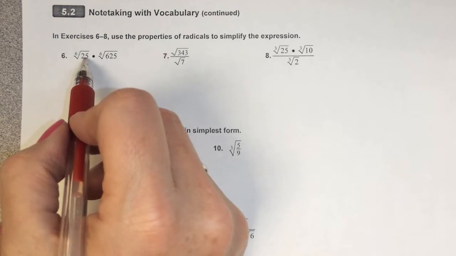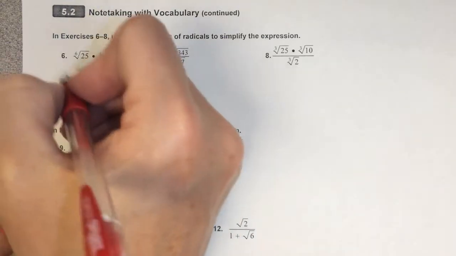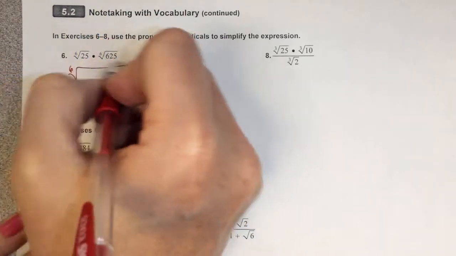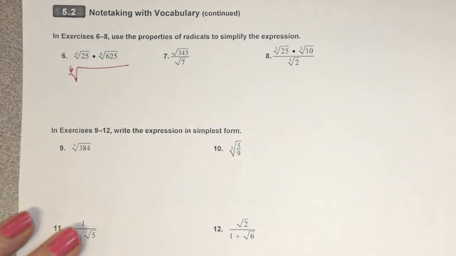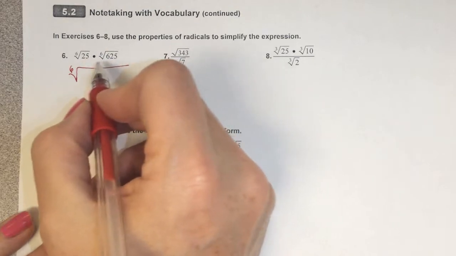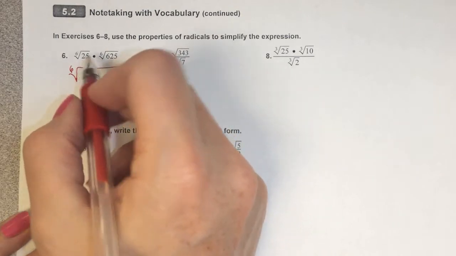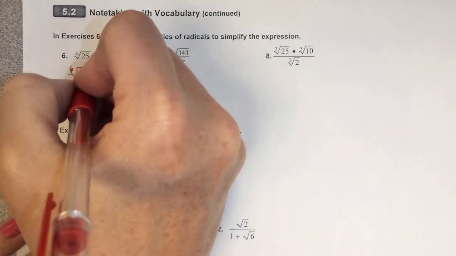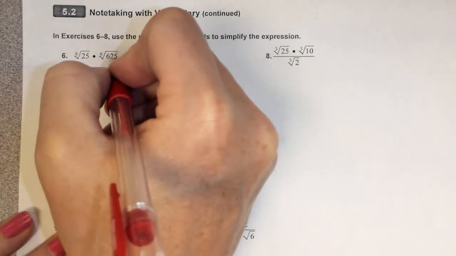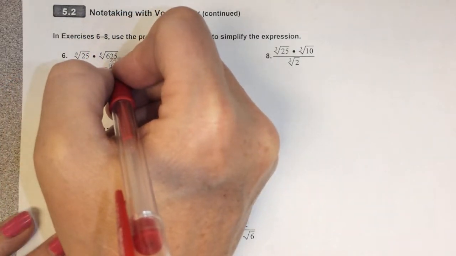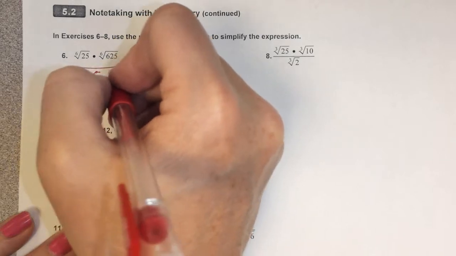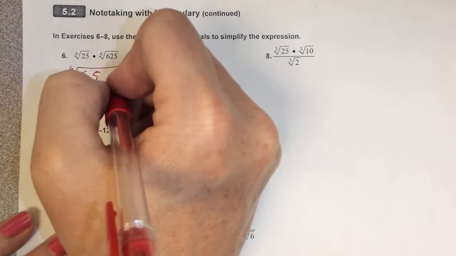It's very tempting to think, okay, I have like roots, so I'm going to do the 6th root of whatever I get when I multiply those two together. Not as fast. Instead of getting larger, we would like to get smaller. So I'm actually going to write 25 as 5 times 5. Do you know what 625 is? Multiplied together, factors? What is it again? Is it 25 times 25? It is.